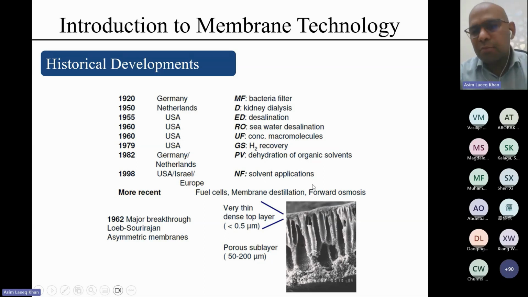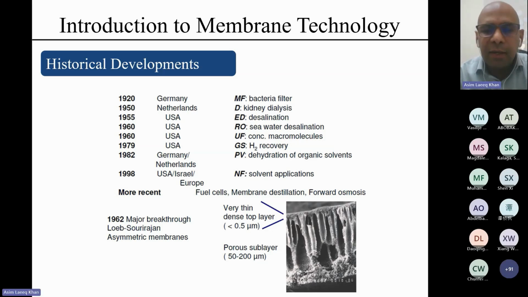But for gas separation membranes, the real breakthrough was made in the 1960s by Loeb and Sourirajan. Before that, the major issue was a trade-off between the membrane stability, membrane separation, and the flux coming out of the membrane. The reason is that membrane technology is mass transfer, which is the dominant mechanism for flux or permeation through membranes.